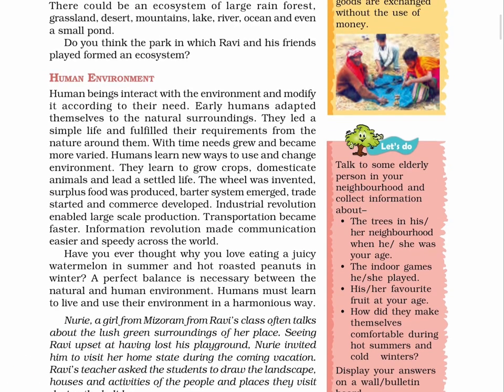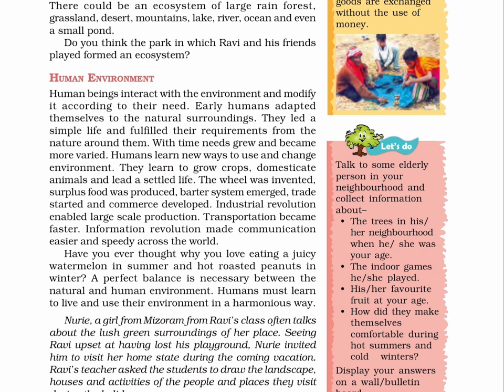Human environment. Human beings interact with the environment and modify it according to their need. Early humans adapted themselves to the natural surroundings. They led a simple life and fulfilled their requirements from the nature around them.